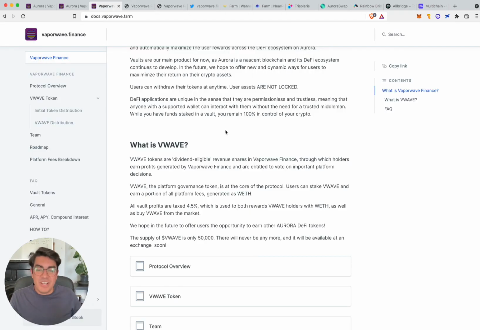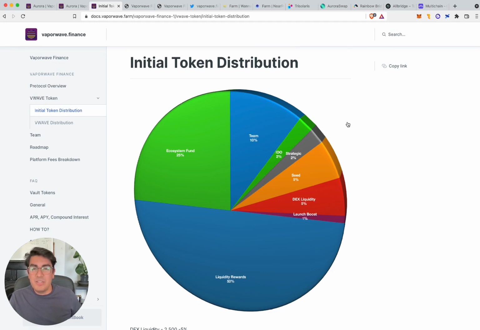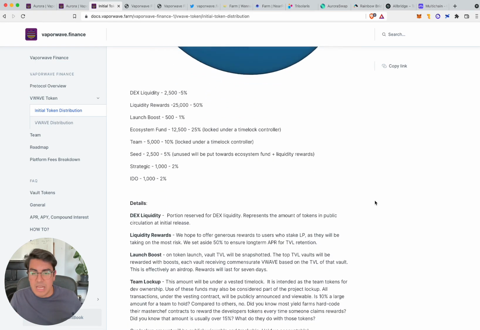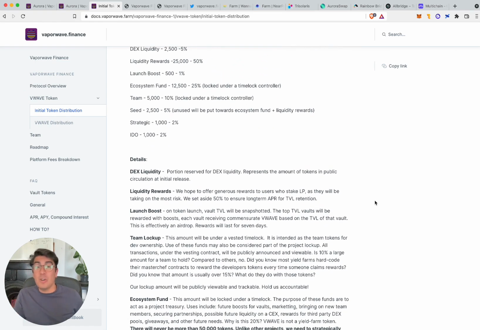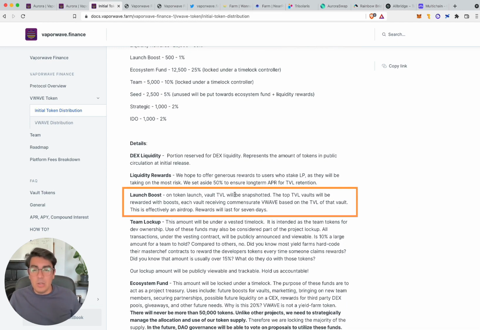The most exciting thing was something that I stumbled across when I was looking at the initial token distribution. This looks like a normal token distribution, except for one thing that drew my curiosity. Launch boost. So I scrolled down and I read something that got me excited. Launch boost, or token launch.